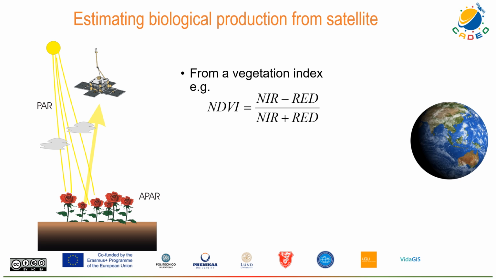We can estimate biological production from satellite sensors by constructing a vegetation index. This is the formula for the normalized difference vegetation index.